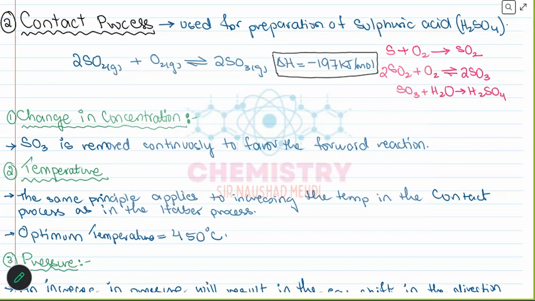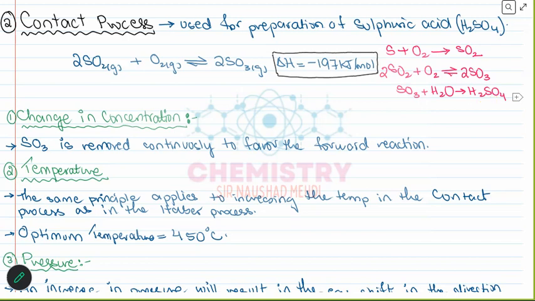So the second step of this contact process is a reversible reaction. In this second step, we have to apply all those four factors: change in concentration, temperature, pressure, and catalyst, so that we can get the maximum yield of sulfur trioxide gas, which can further be used to produce sulfuric acid.